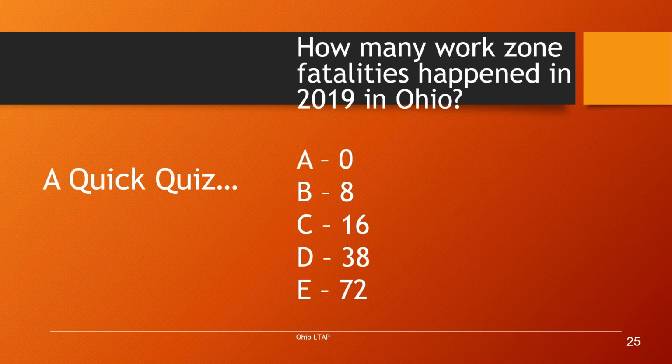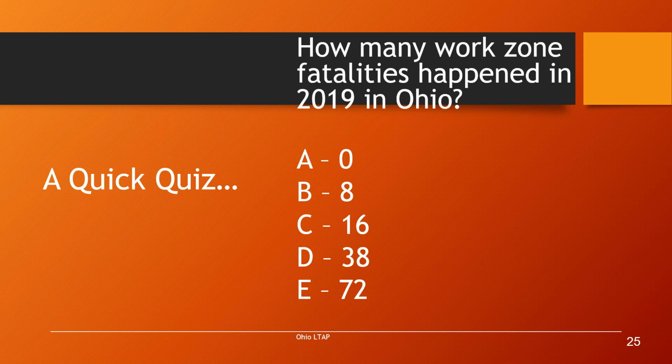Usually, I don't know why, but it usually works out right around 20% of work zone fatalities. Let me get this right. So, no, wait, it's 80%. 80% are motorists. 20% are the workers.